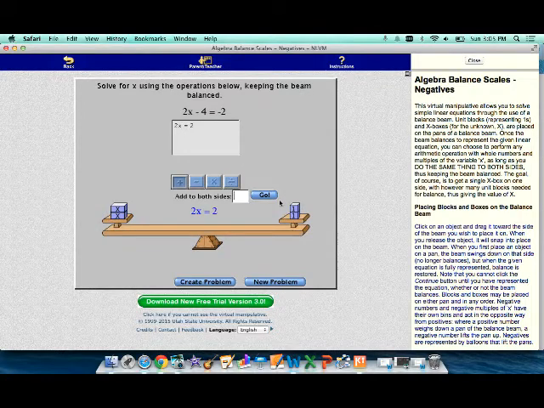The balloons disappeared on the right-hand side, and I was left with 2 unit blocks instead of balloons. So I'm left with 2x equals 2, and once again, I need to get that x on its own. I have to divide by 2. So I'm going to type in 2 there and press go. That leaves me with x equals 1.